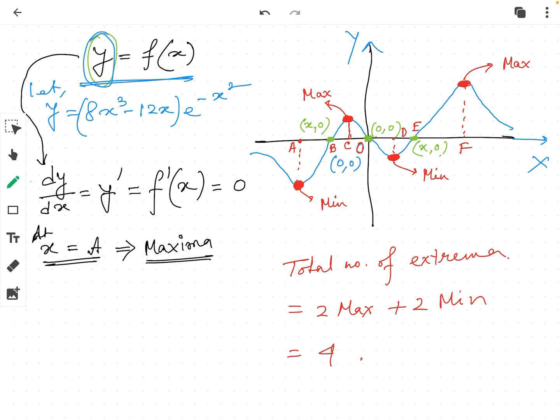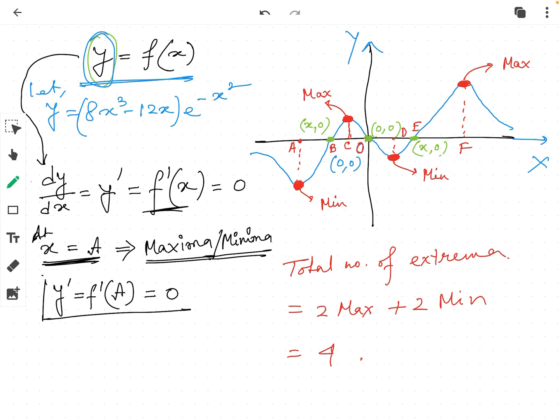Then your y prime, that is f prime x at x equal a, I can write f prime a, would be 0. And if at x equal a it is minima, then also your y prime, that is f prime a, would be equal to 0.